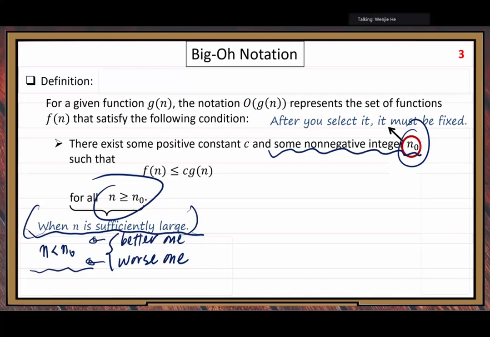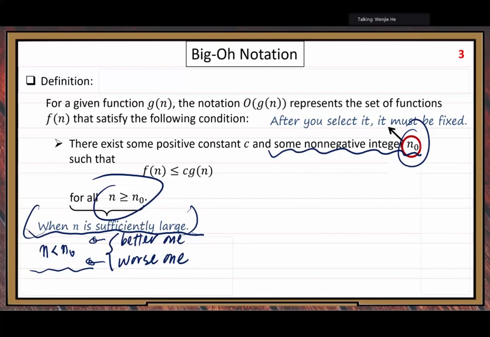So when they want to skip this n0 notation, they use this sentence: when n is sufficiently large. It's very common in calculus. But when you read this sentence, what's the meaning? What do you mean sufficiently large, right?